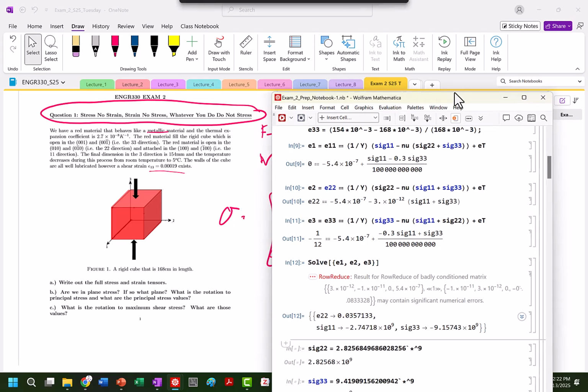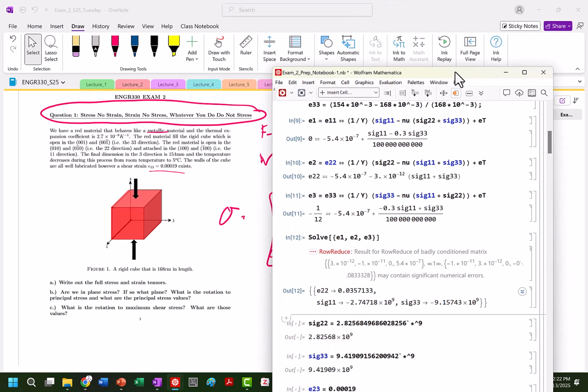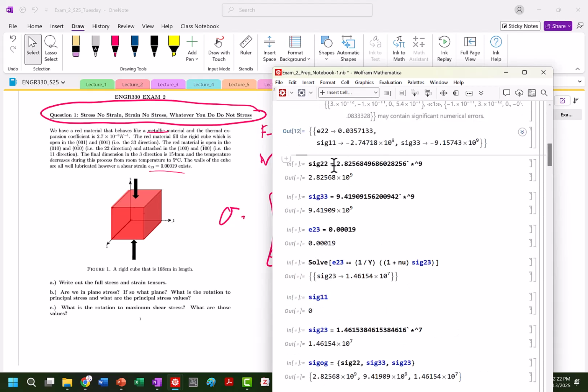The strain in the 2,2 is positive because we have that force pushing down significantly. As we push down here in the 1,1, the material wants to expand out, so it's being pushed back by the sig11, and sig33 is negative. Excellent. It's all looking good. So let's say that sig11 is equal to this. We know that our sig33 is equal to this. Shift enter, shift enter.